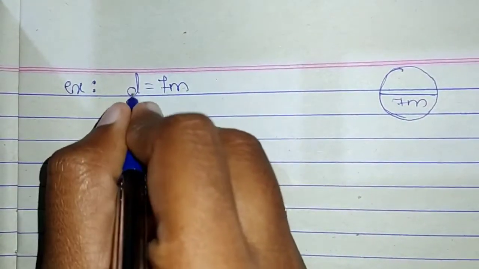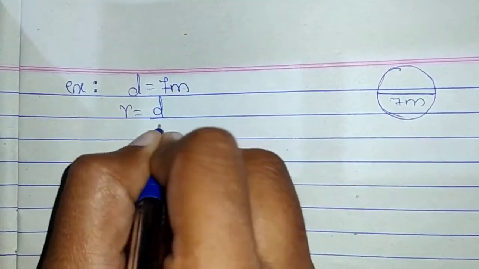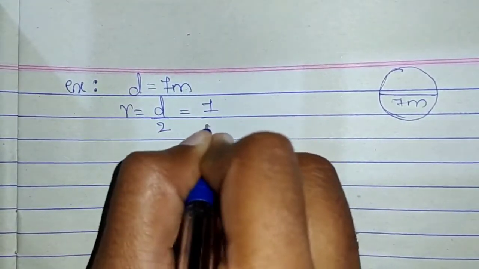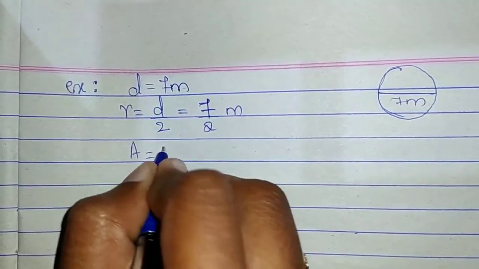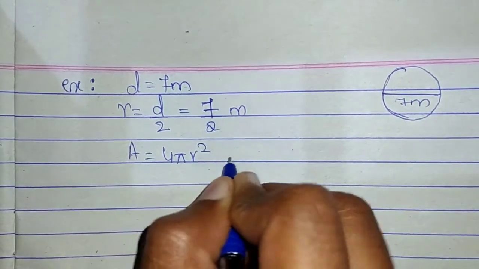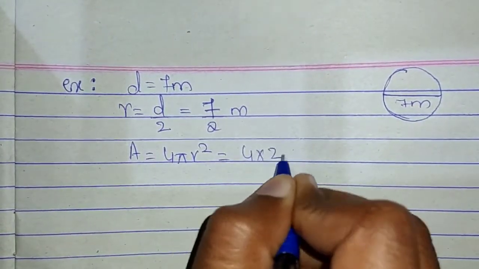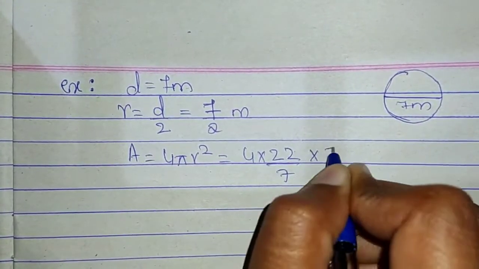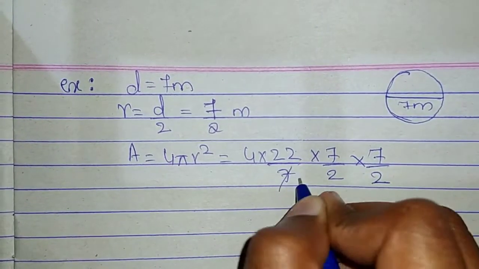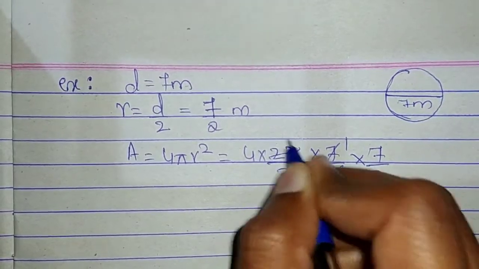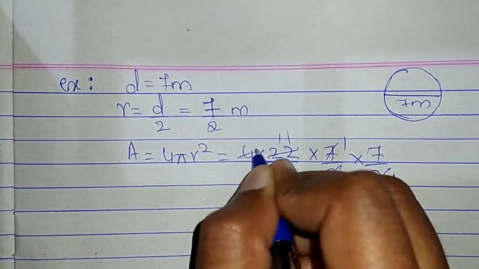So first we know the diameter, so radius is equal to d by 2, which is equal to 7 by 2 meters. So now we know that area is equal to 4 pi r square, which is equal to 4 into 22 by 7 into 7 by 2 into 7 by 2. 7 ones are 1, 2 ones are 11, 2 ones are 2.